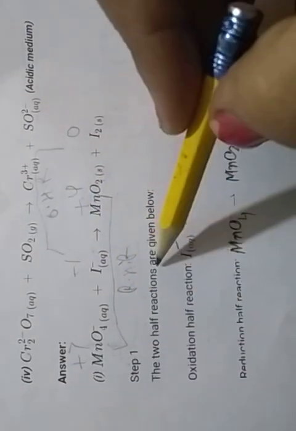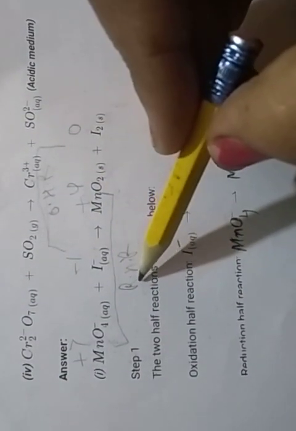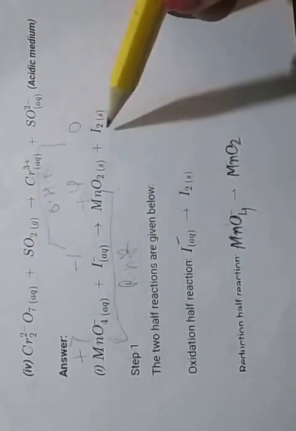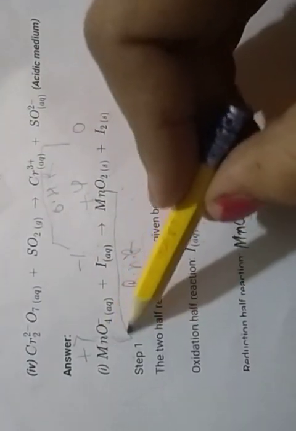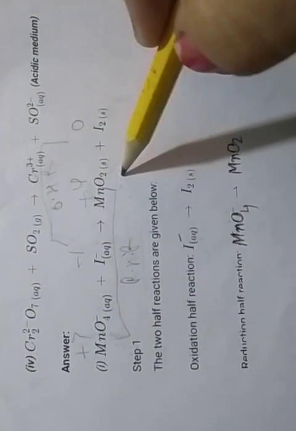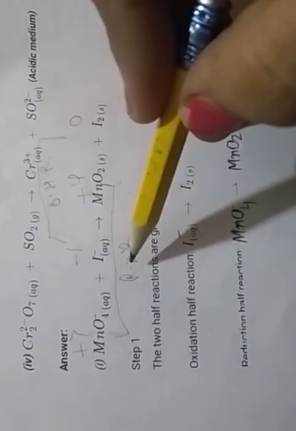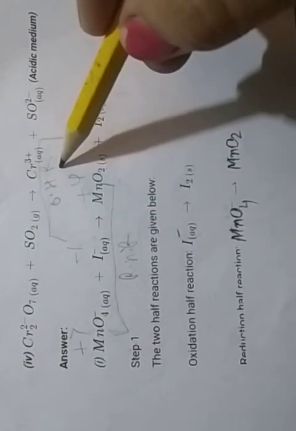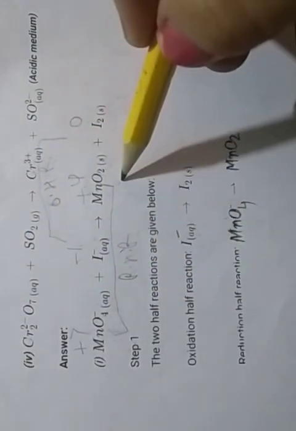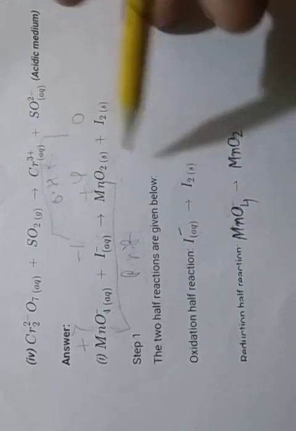So two half reactions are here: the oxidation half reaction, I minus converts into I2, and the reduction half reaction, MnO4 minus converts into MnO2. If the oxidation number increases it is an oxidation half reaction, and if it decreases it is a reduction half reaction.